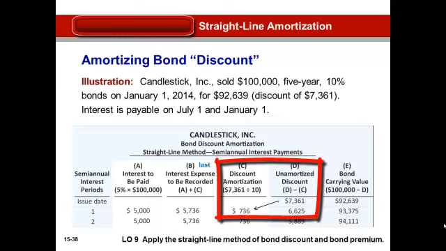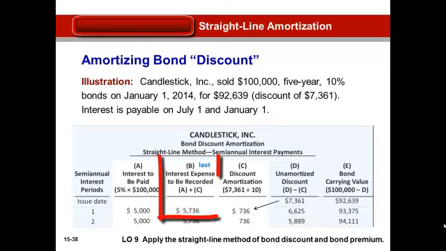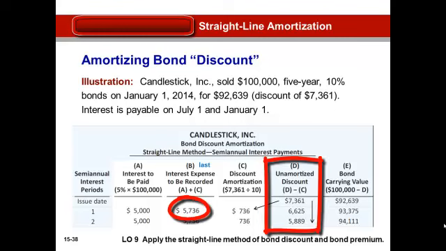And so the last thing we calculate is interest expense, column B. The cash we paid out, $5,000, plus the debit we transferred, $736, totals interest expense every 6 months of $5,736.